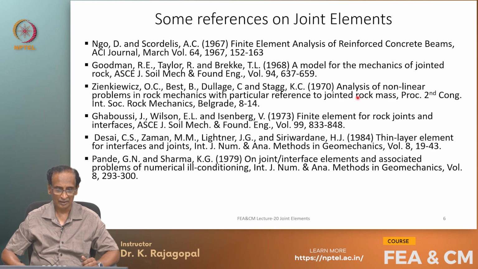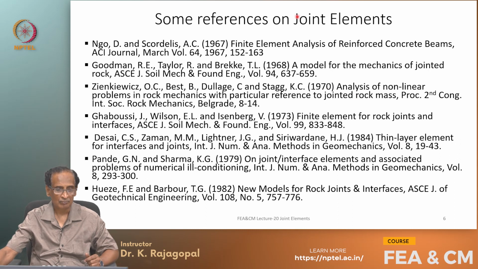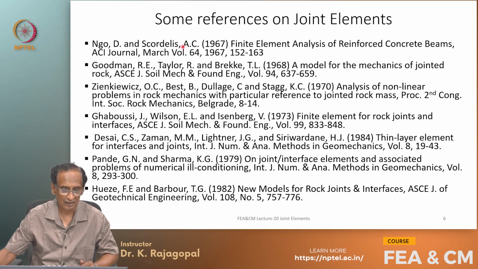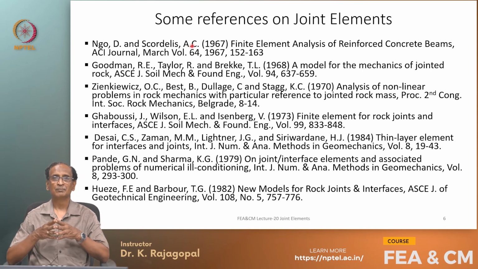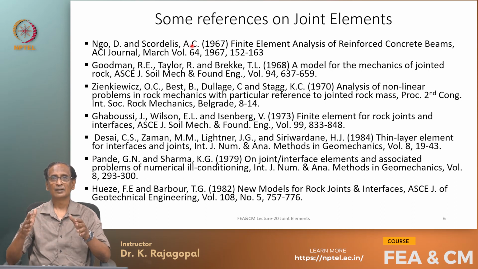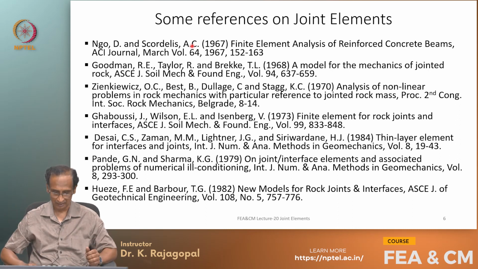See, these are some of the papers that were published on joint elements. The first one was published in 1967 by Ngo and Scordelis, for finite element analysis of reinforced concrete beams, and in that paper they proposed one simple element that can simulate the slip between the steel reinforcement and the concrete.